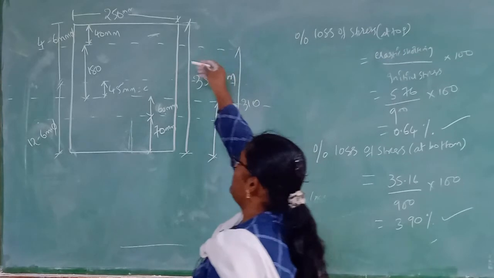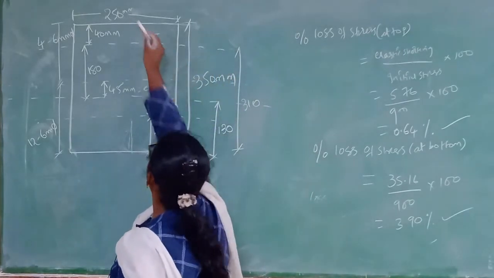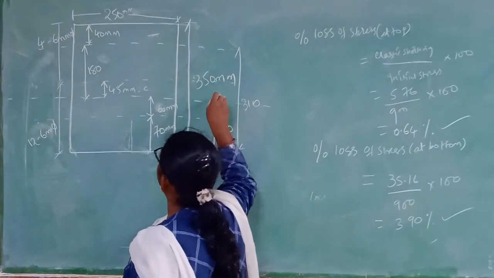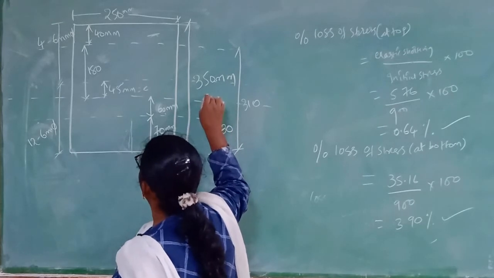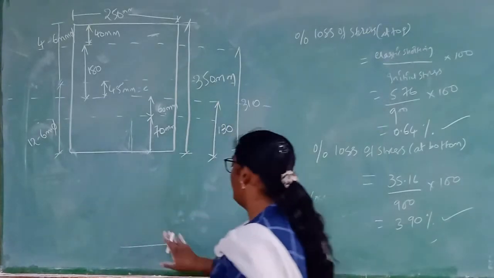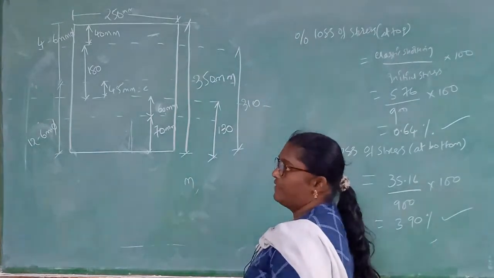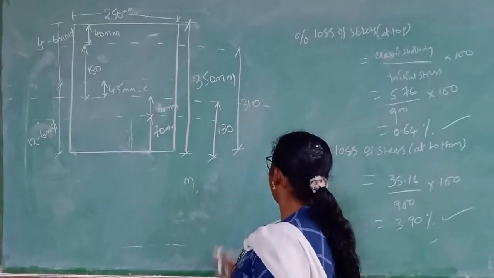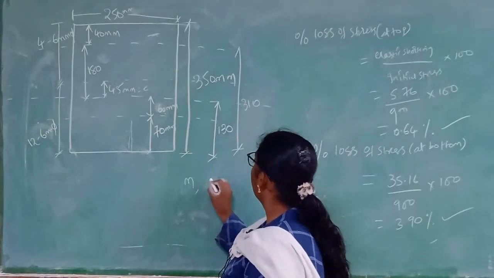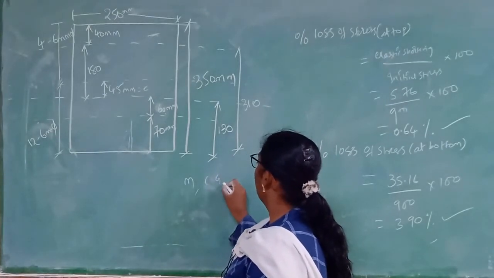Here we have taken the beam of size 250 mm by 350 mm, and after that what have we found? We have found the modular ratio, right? Then we found the center of gravity.